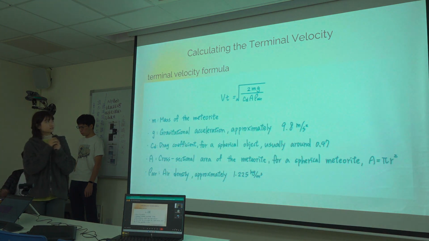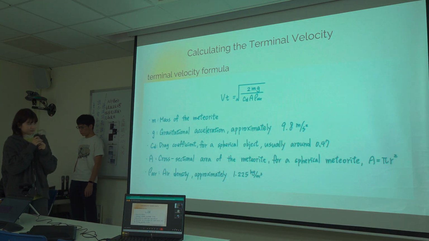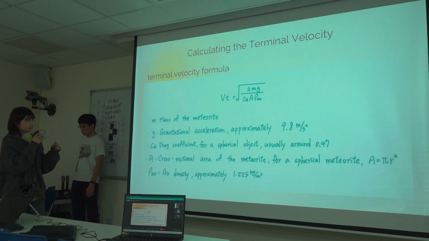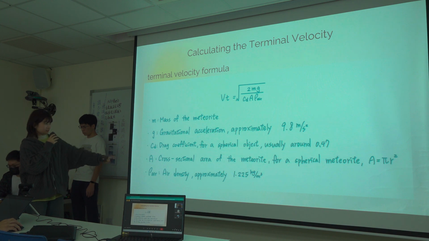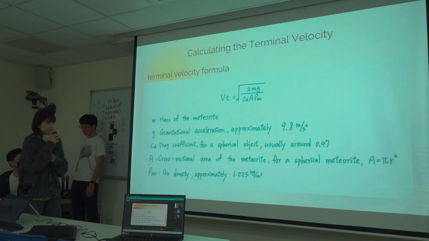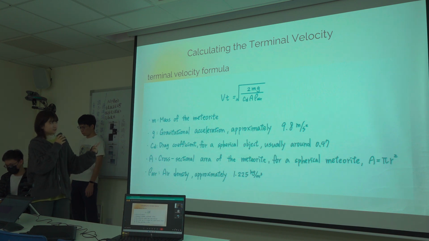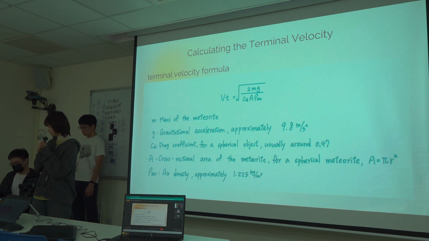To get the terminal velocity of the meteorites, we use the terminal velocity formula, and we can consider the cross-sectional area of the meteorites and the air density, and we can see the air resistance has an effect on the speed of the meteorites.